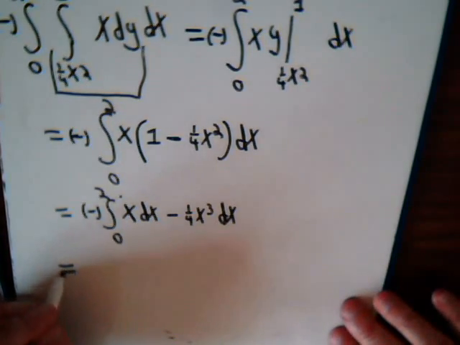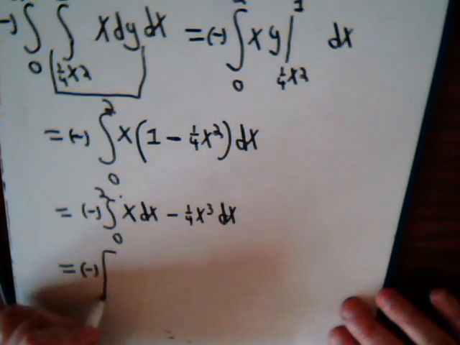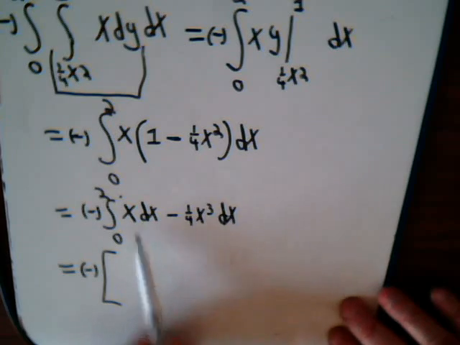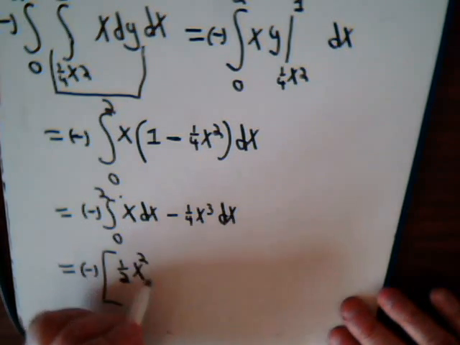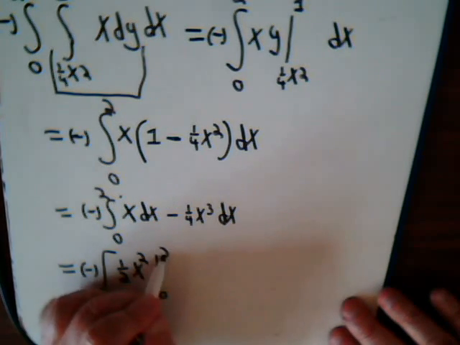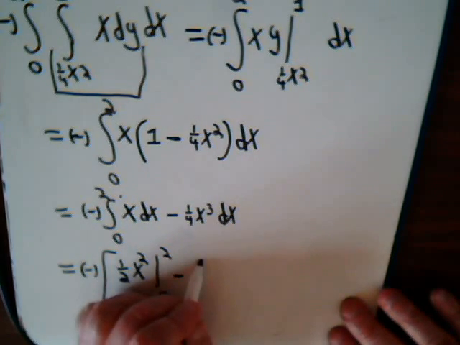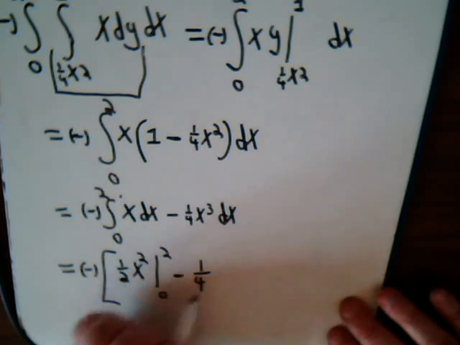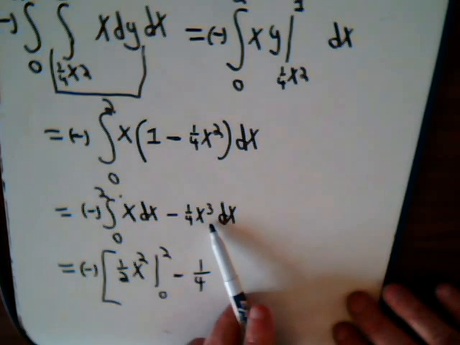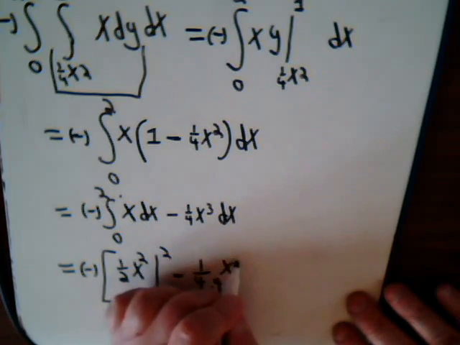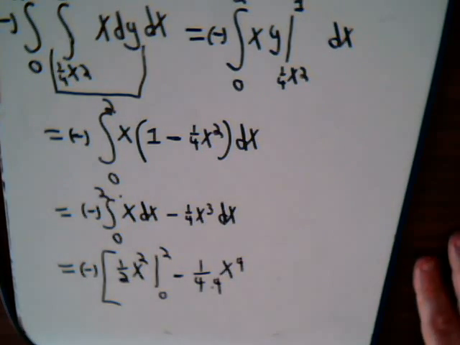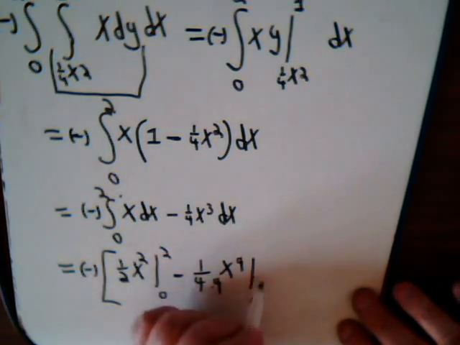This will equal minus 1/2 x squared, x goes from 0 to 2, minus 1/4 times x to the 4th divided by 4, x goes from 0 to 2.